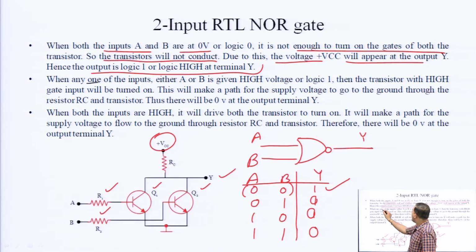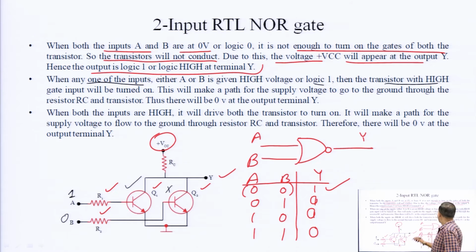when any one of the inputs, either A or B, is high, logic 1, then the transistor with the high input turns on. Suppose this is 1 and this is 0. So, this will work and this will not work. This will make the path of supply voltage go to the ground.